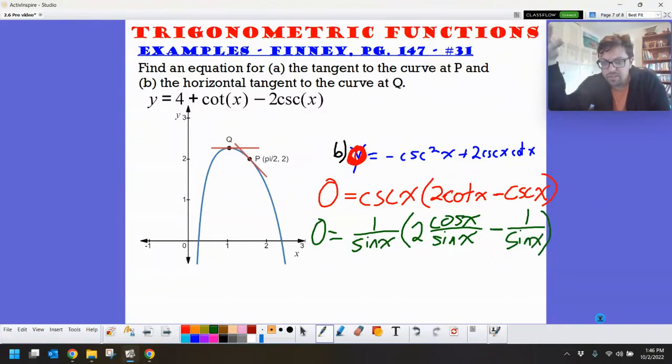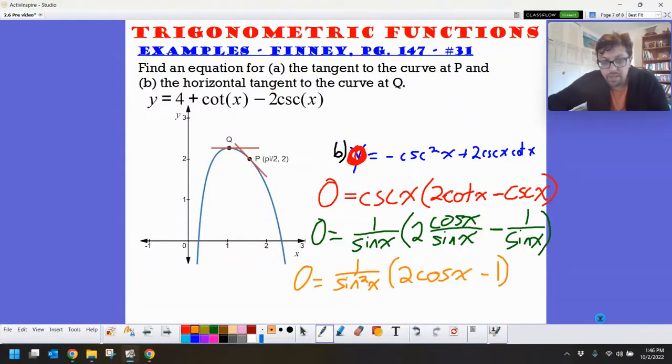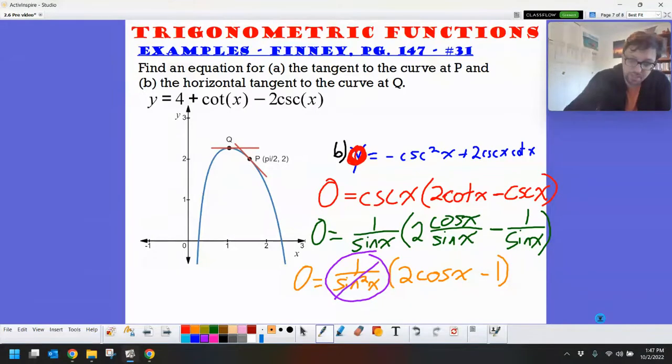So looking at this, it looks like I didn't take out quite enough. I should have taken out an additional sine, so I'm going to do that as well. Now that I've done that, I look at that 1 over sine squared. Could that ever equal 0? No, it's a reciprocal function, and reciprocal functions never equal 0. So this is not going to produce any solutions for me. I just can't get that to equal 0.